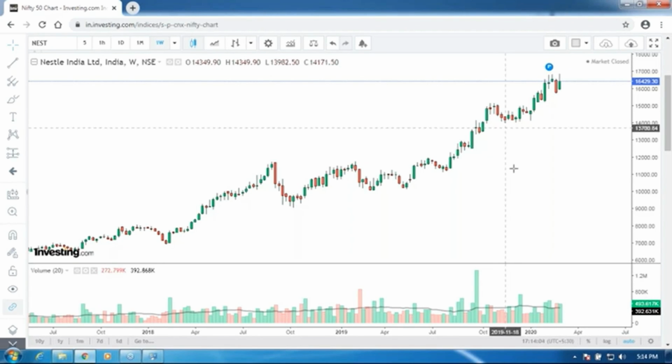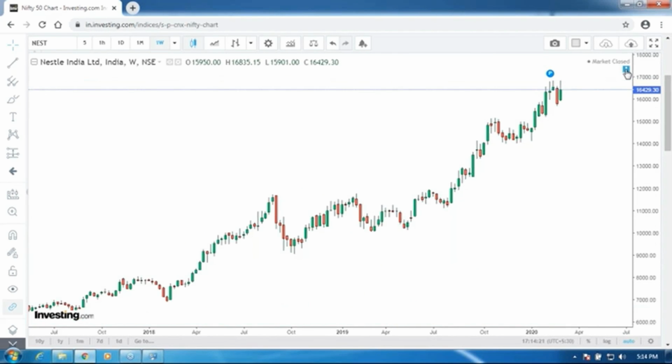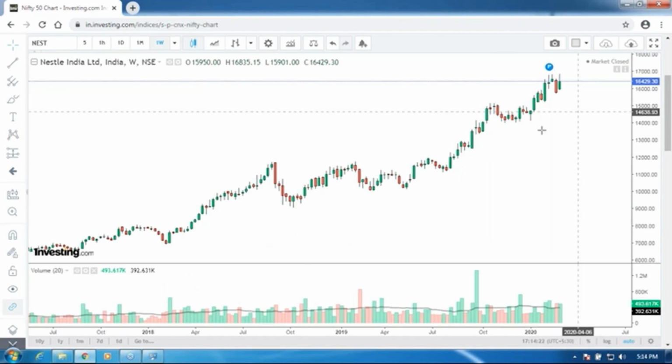Okay. So coming back to this question, in the case of Nestle, how will I judge which breakout is a good breakout, or which price could be a breakout? Is this immediate high of 16,800 a breakout? See, like I said at the start, you have to first judge the current state of your stock. Is it consolidating?